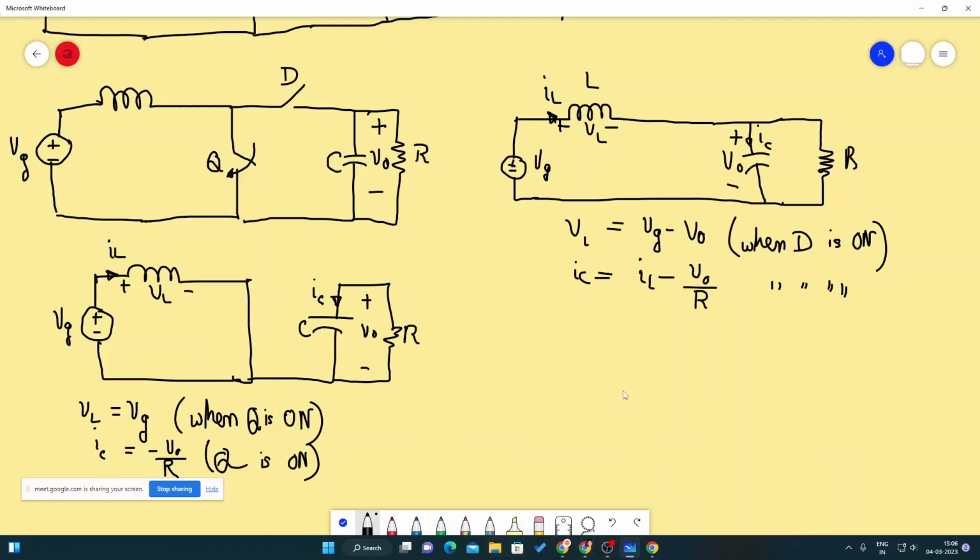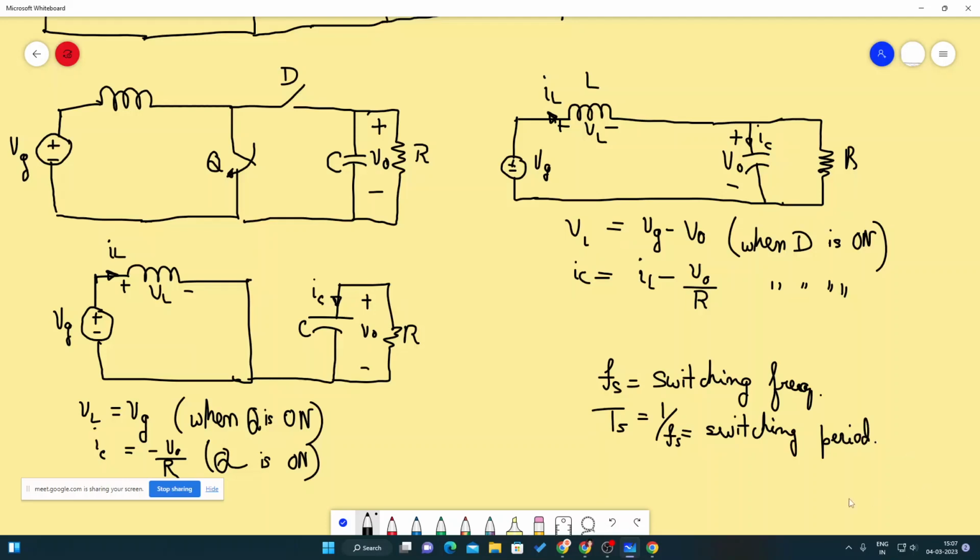So let's consider Fs as my switching frequency. Hence Ts is 1 by Fs, which is the switching period.